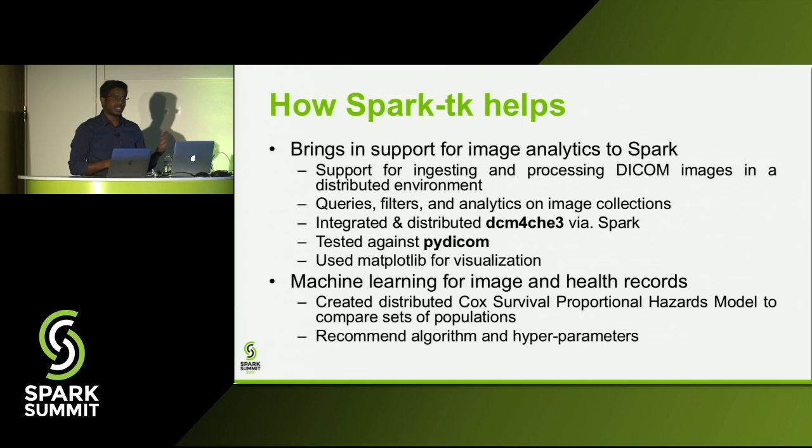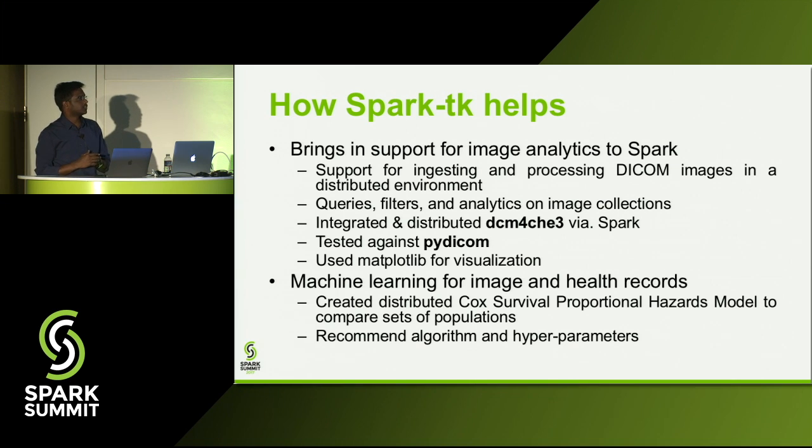So what we did with our Spark TK library is stitch all those open source tools together and create a distributed and more scalable library on top of Spark. In this library, we integrated dcm4che, so you can leverage the Java. We took the Java and converted it to Scala, and made it more distributed. Also in this library, we provided machine learning for images and health records.